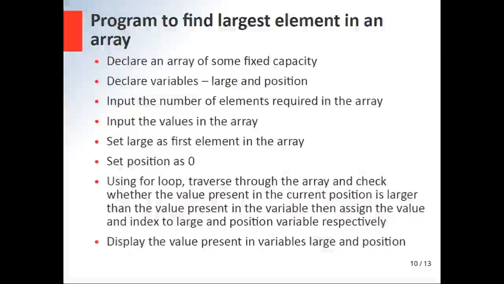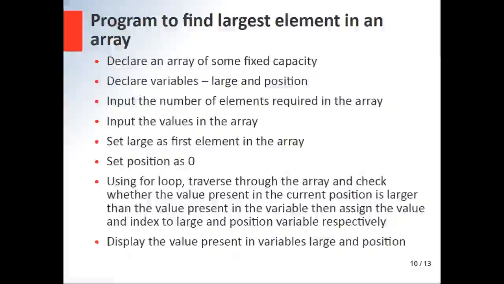Now using a for loop, we'll traverse through the array and check whether the value present in the current position is larger than the value present in the variable. So we have a of 0 in the variable, and then we'll check whether a of 1 is larger than the value present in the variable. If it is larger, then we'll assign that value to the variable, and we'll store that position in a variable also.